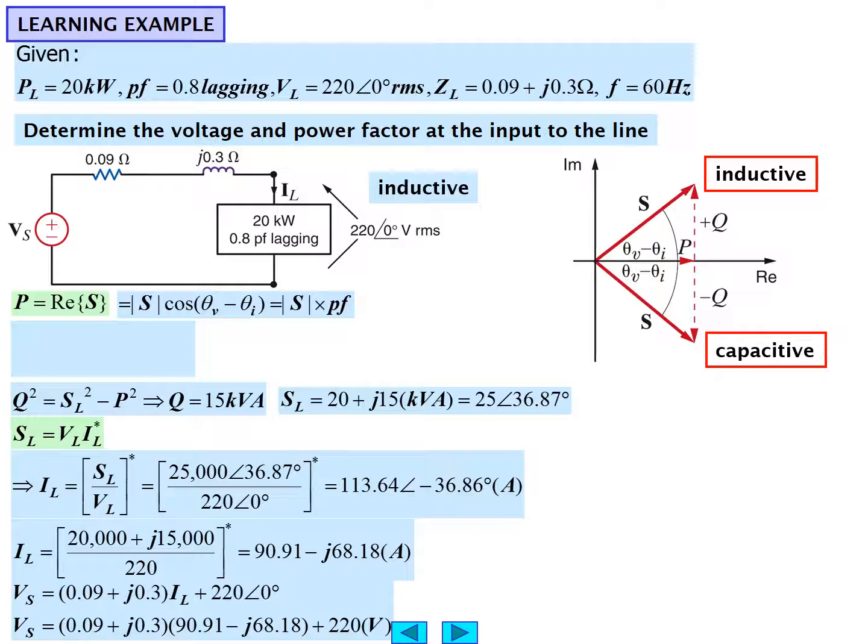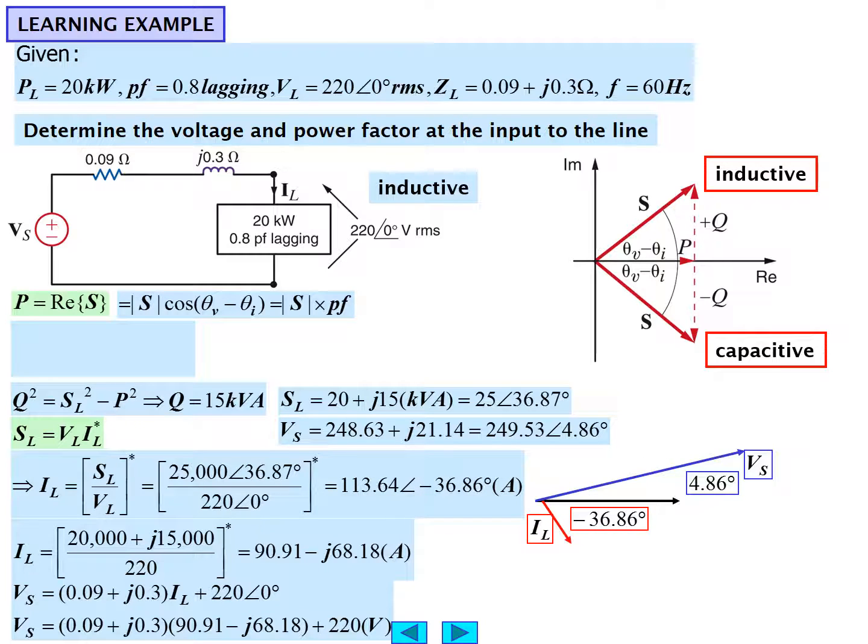So we can perform the arithmetic by substituting I sub L in its rectangular form, and we end up with these numbers for V sub S as a phasor: 249.53 angle 4.86. As in all of these learning examples, you really do want to do the arithmetic yourself to verify your procedures and techniques.